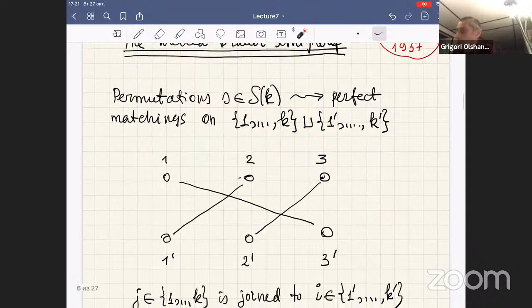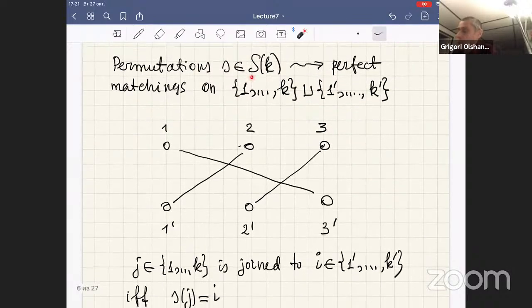So what do you need? Fix K and consider permutations of the set 1 to K. And take a copy of this set, 1 prime and so on, K prime. And we will draw pictures like this.